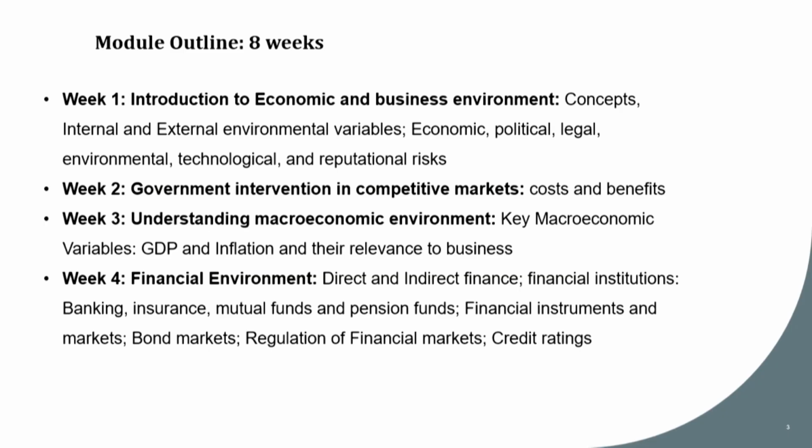Then we will talk about financial instruments and markets, including bond markets, and also why regulation of financial markets is needed, because the financial market is one of the most heavily regulated markets across the world. And then we also touch upon credit ratings of firms and governments.